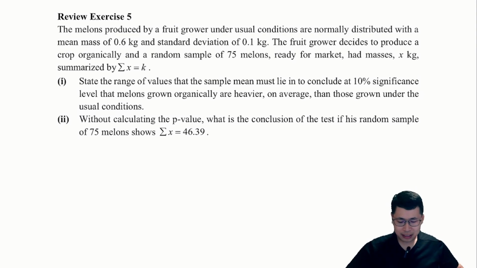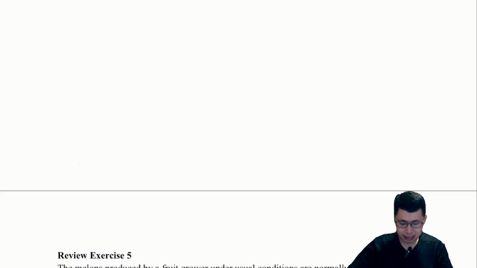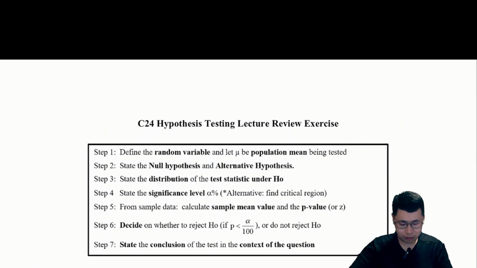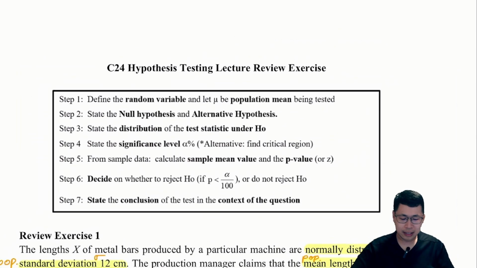Okay, so without further ado, let's try out review exercise 5. From 5, what I would like to tell you is that the setup phase, which is step 1 to step 4, is still the same. If you remember this list over here, 1 to 4 will be the same, and 5 to 7 will be a bit different because we may need to go backwards, to work on maybe the sample mean value or calculate some other quantity that we may not know.